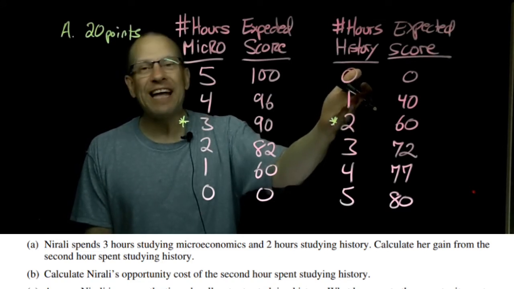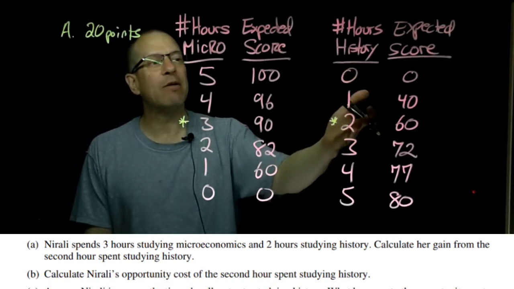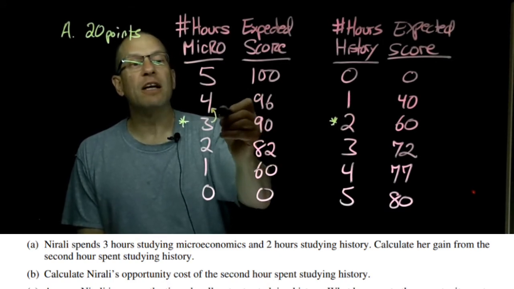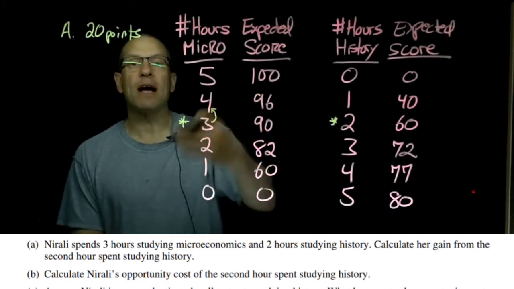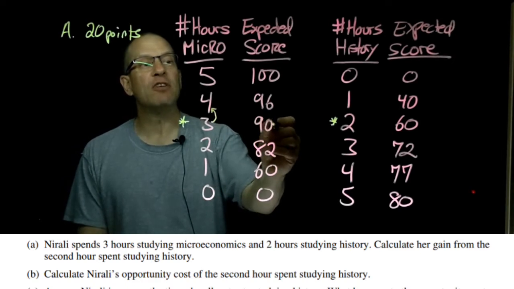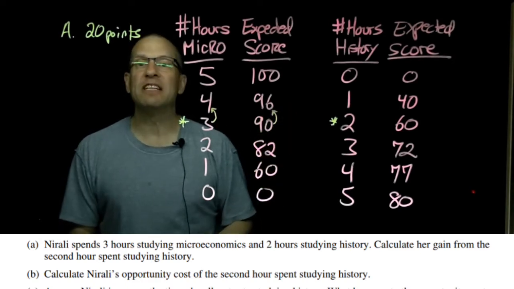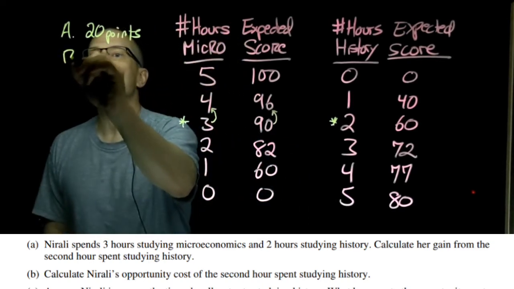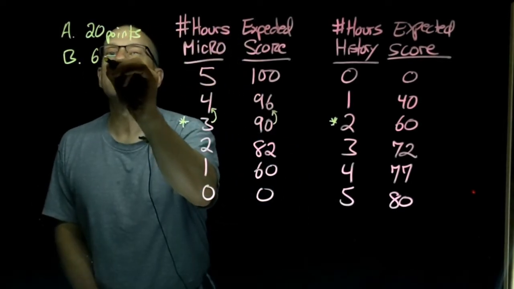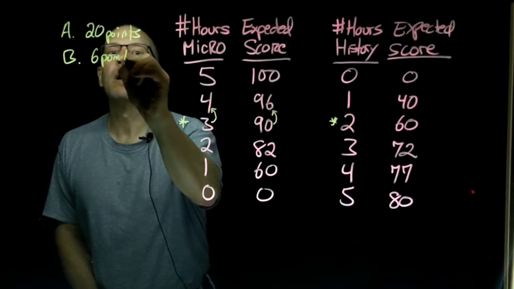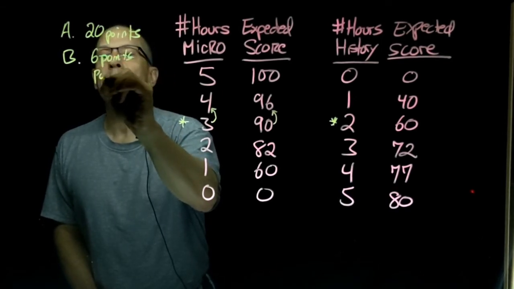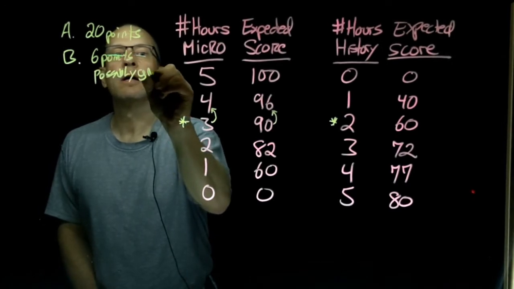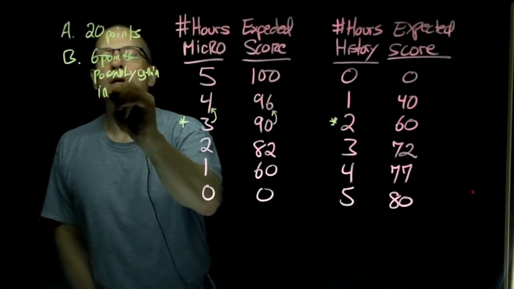Well, instead of putting that second hour into history, she could have put it into studying for that 4th hour in microeconomics. She could have increased her score by 6 points. And that's how you would figure that out. So for B, 6 points possibly gained in micro.